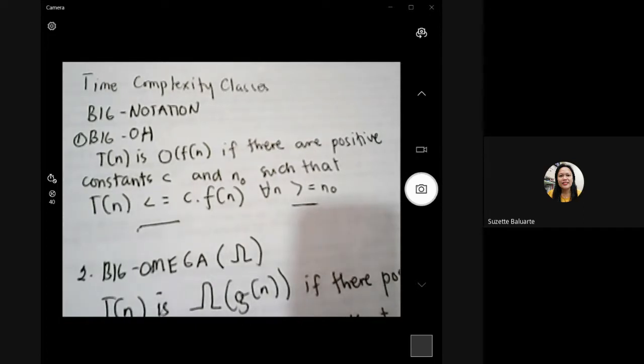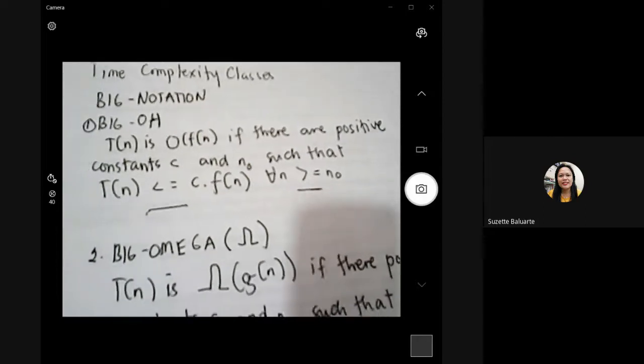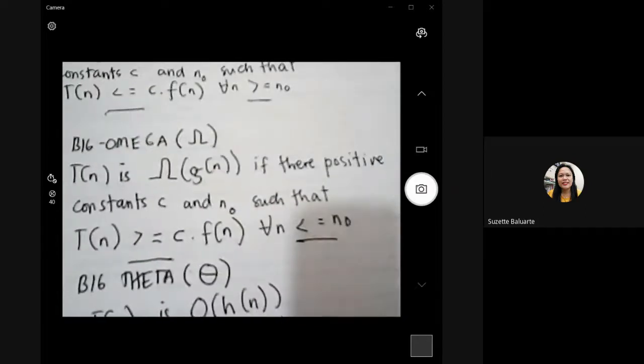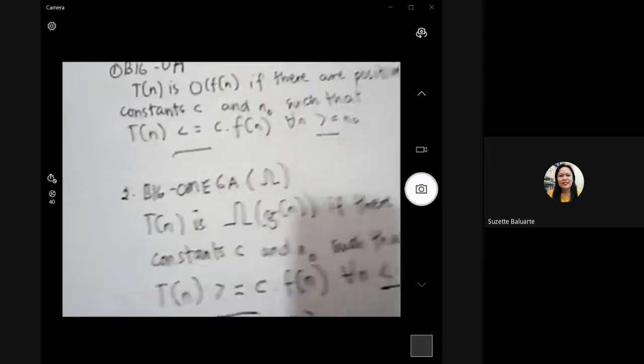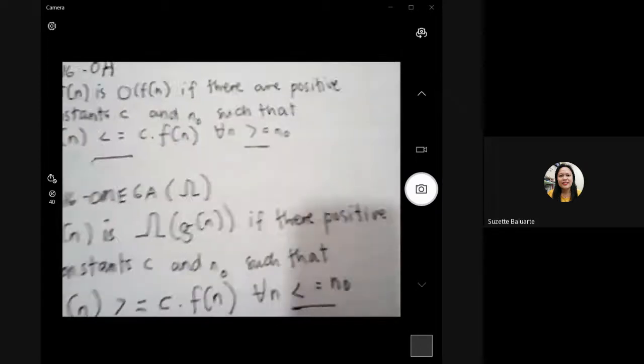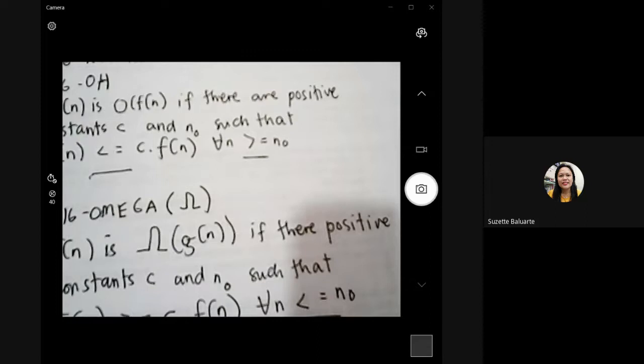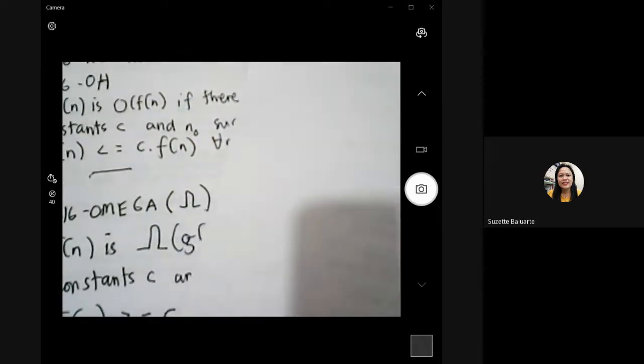Anyway, it will be in the recorded video, and I will upload it, so you can review this. So, let's have our example on how to prove whether it is big O, big omega, and big theta. Since this is part of your analysis of algorithm, we will work on this.